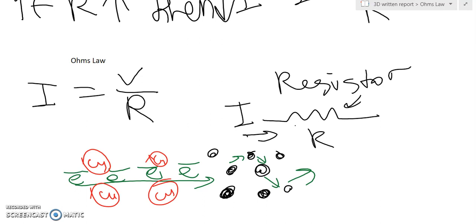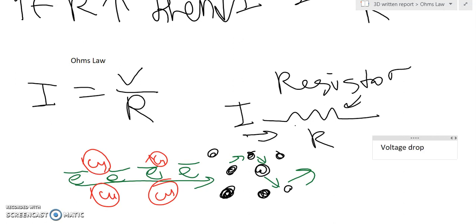Now, if you remember, voltage is energy per charge. Literally, our measurement of voltage and our units of voltage is how much energy each electron has. So since all electrons are passing through exactly the same resistor, they're all going to lose the same amount of energy, which brings me to our definition of a voltage drop.